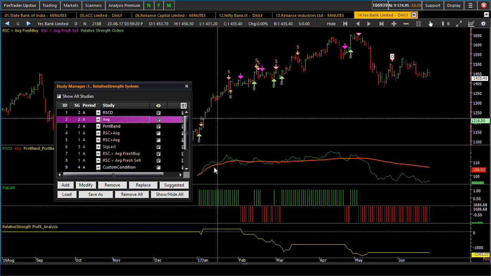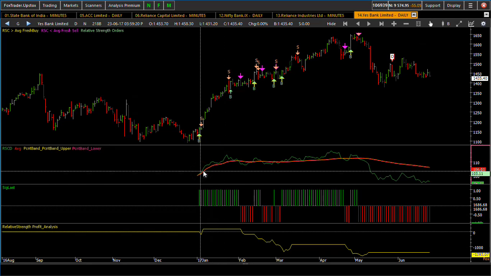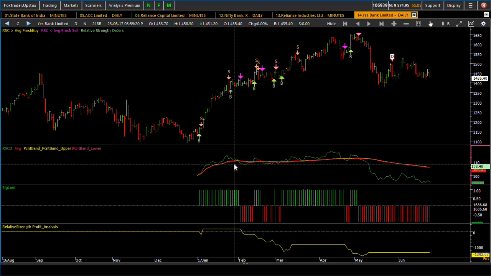The simpler way to look at it would be, if the RSC indicator reading is above 105, then I could say that the stock is outperforming Bank Nifty by 5%. So if Bank Nifty is moving 1%, the compared stock is moving 5x.